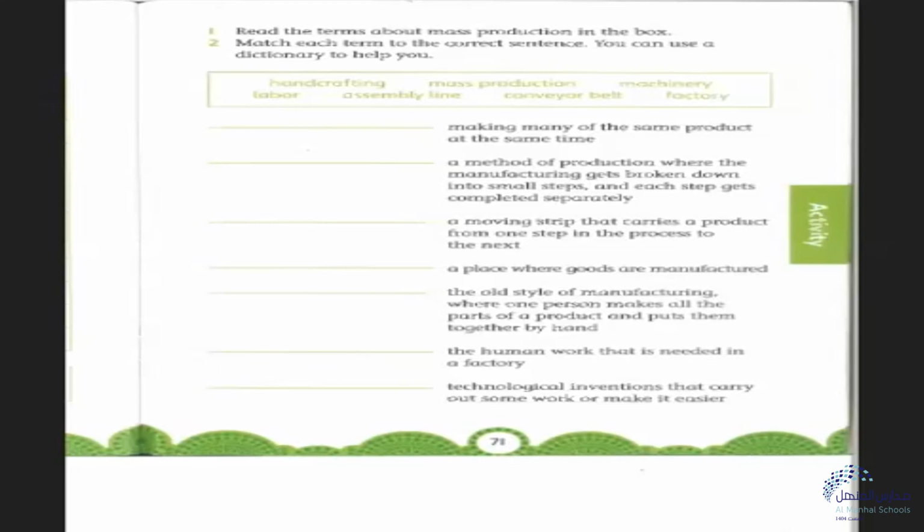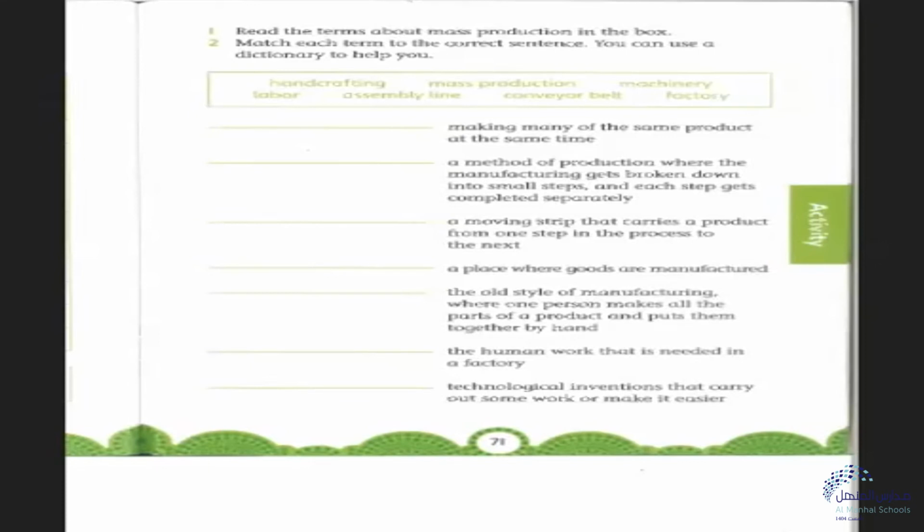Then the second answer there is assembly line. It's a method of production where the manufacturing gets broken down into small steps, and each step gets completed separately. The third answer is conveyor belt.